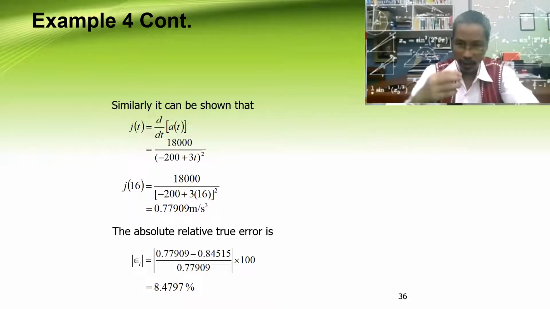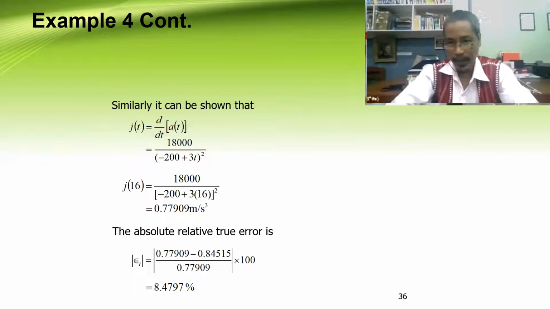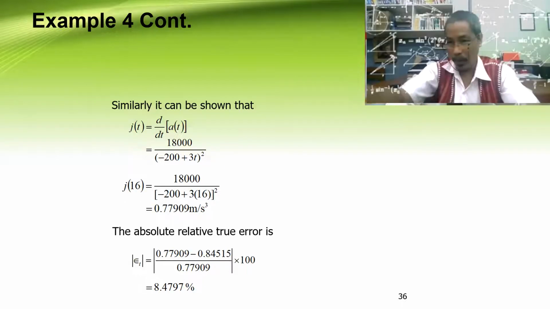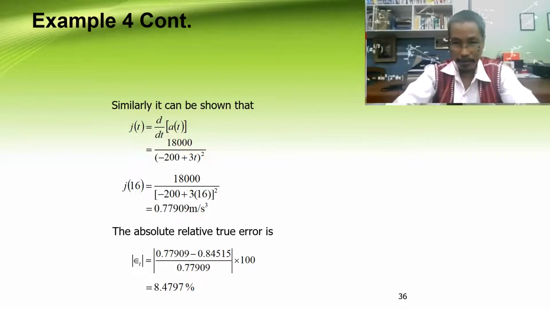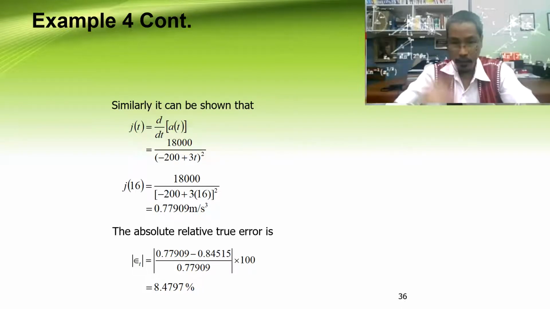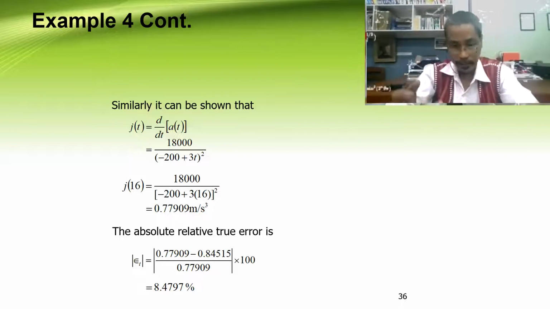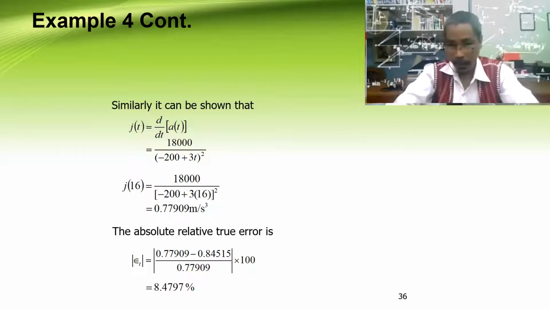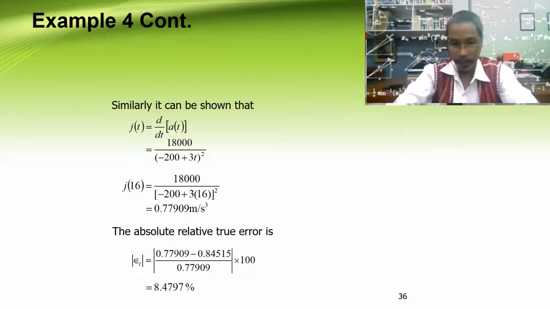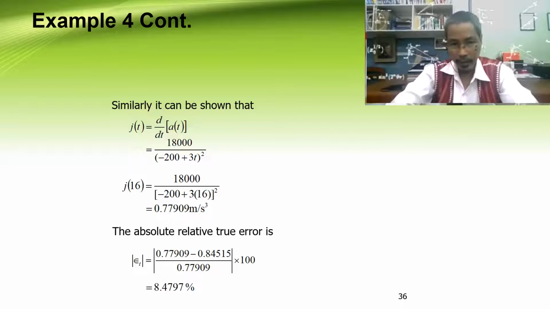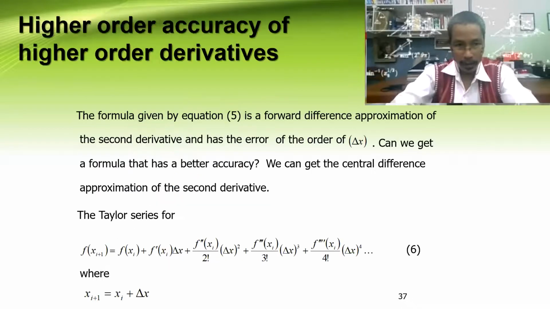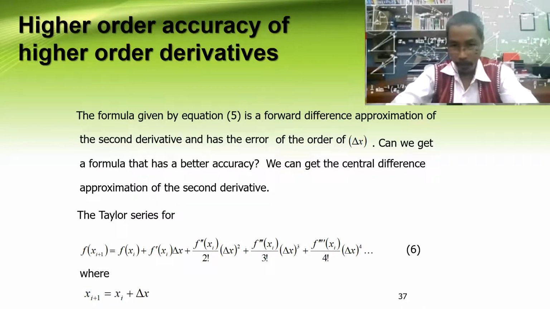My tolerance value as an engineer is 3%. What about you? You can set your own tolerance level. But conventionally, 5% is acceptable. In mathematics, in statistics, 5%. So that is our example number 4.